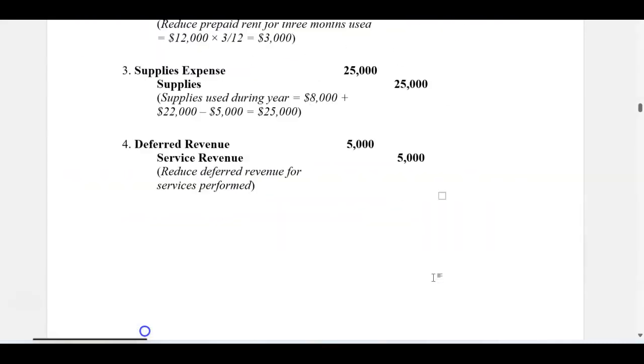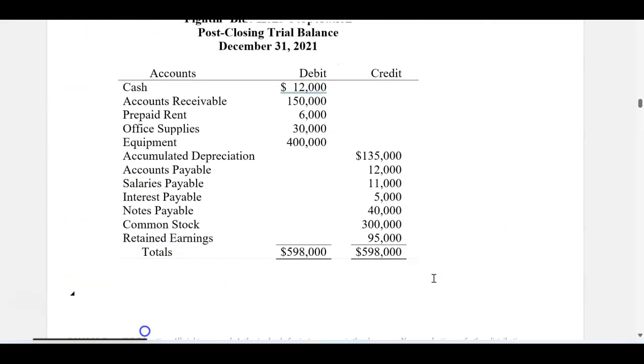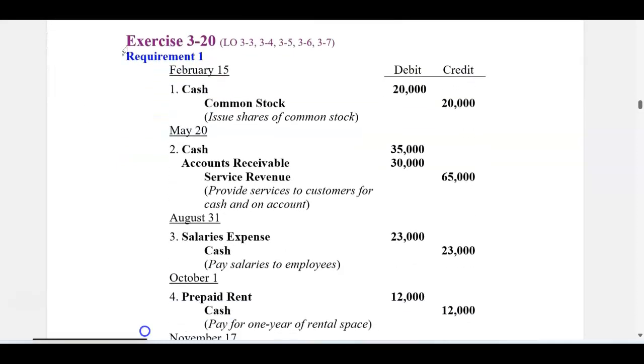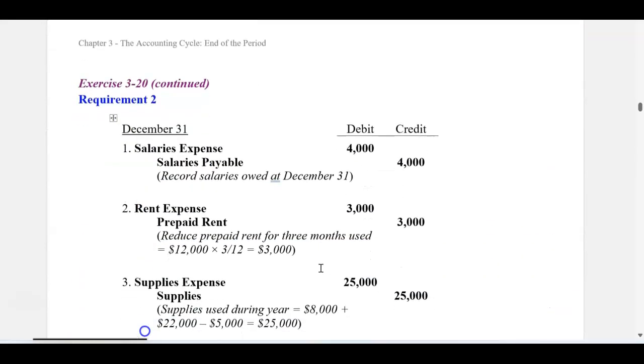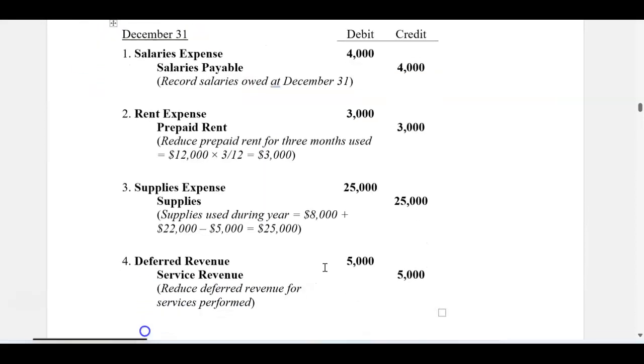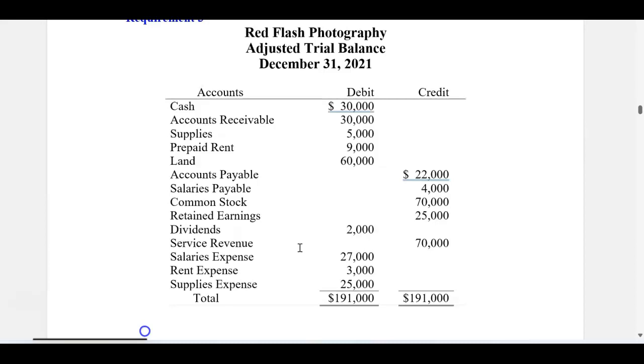So if you do such a problem, when they gave you the account balances, you create all the T accounts, and then every single journal entry you did, you post it to the T account, and then every single adjusting entry you do, you post it to the T account.